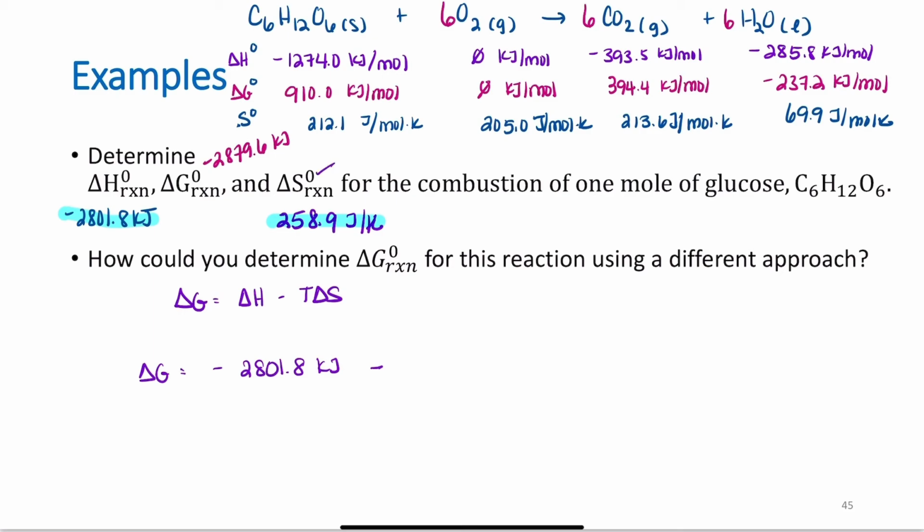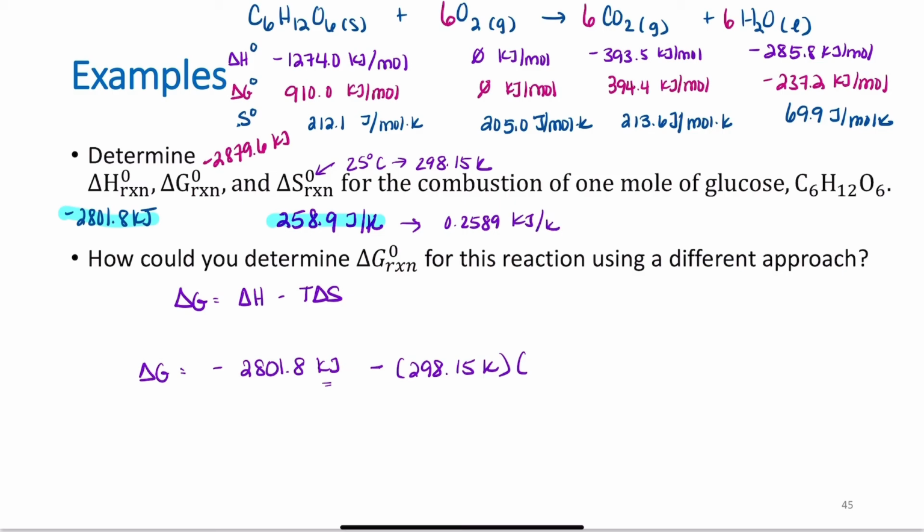When you see that little knot symbol, that means 25 degrees C or 298.15 K. So minus 298.15 K times my S, but this is in kilojoules. I need this in kilojoules as well. 0.2589 kilojoules per Kelvin.